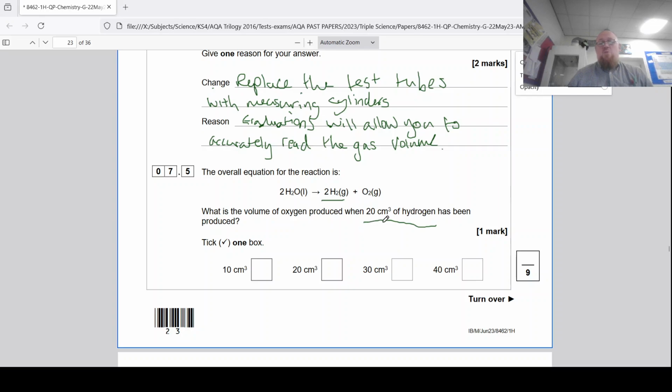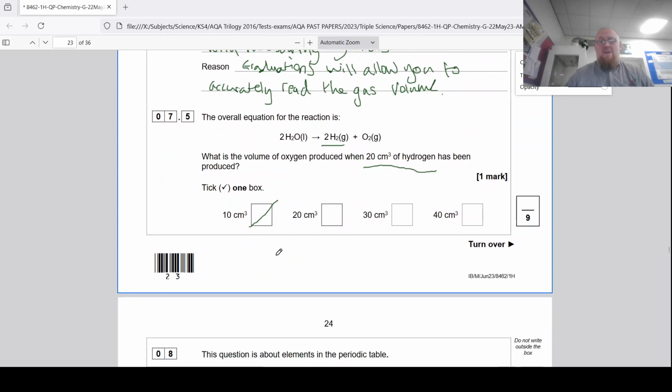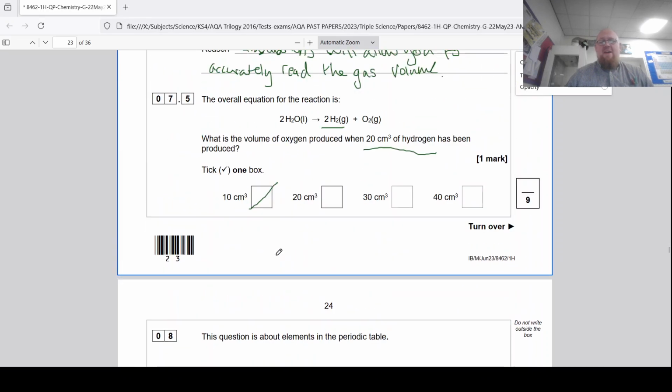So if I have 20 molecules of hydrogen, I'm going to make 10 molecules of oxygen. If I make 20 centimetres cubed of hydrogen, we remember each gas has the same volume per mole, so we are going to make 10 centimetres cubed of oxygen. Okay? And that is question 7.